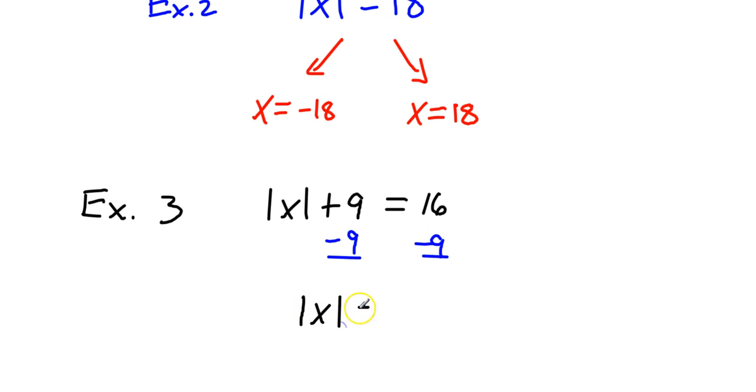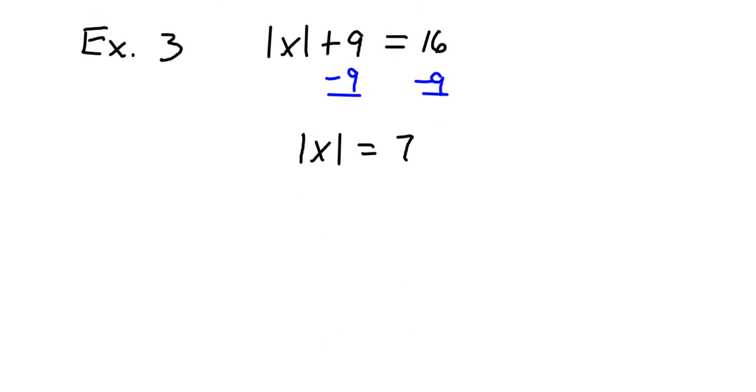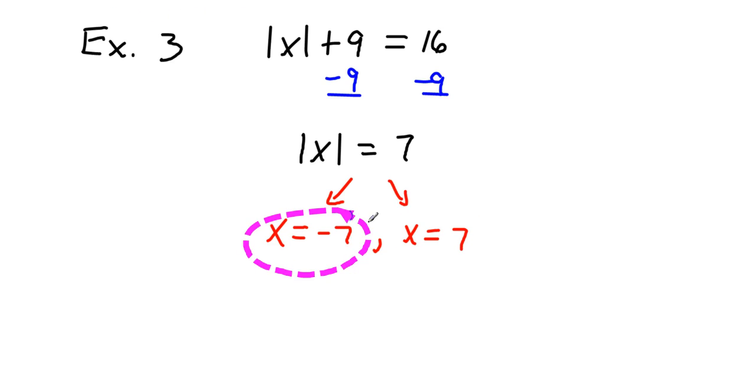You got the absolute value of x is equal to 7. Once you've got the absolute value all by itself, again, just split it in two parts. With this one, once you do that, there's nothing else to do because the x is by itself. So you've got your two answers: one at negative 7 and the other at positive 7.